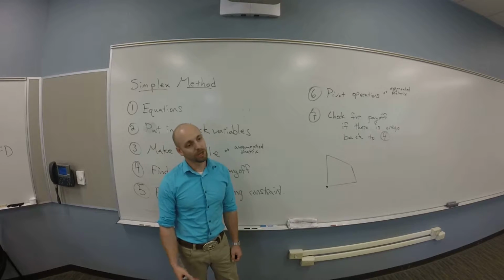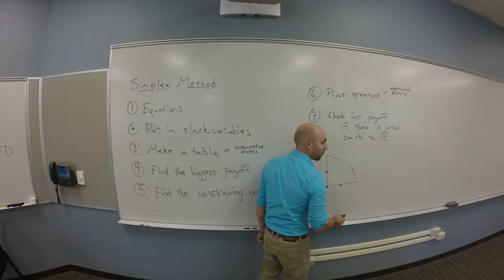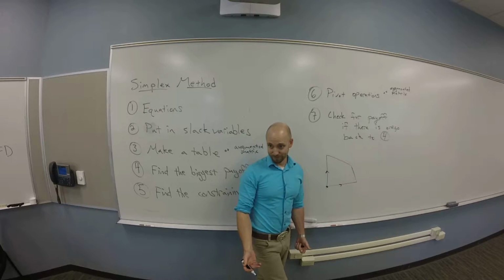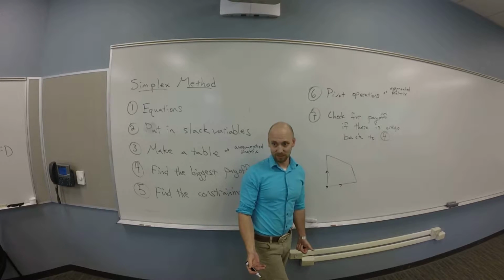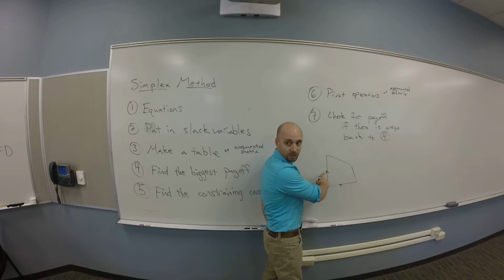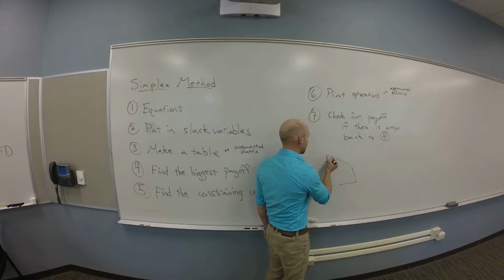And then I'm going to say, okay, in which direction, going this way or going that way, am I going to get the best payoff? And then I'm going to go that way. You guys see this? The biggest payoff is kind of in this direction, so I'm going to ignore that arrow. I'm going to go this way. Now I'm here.